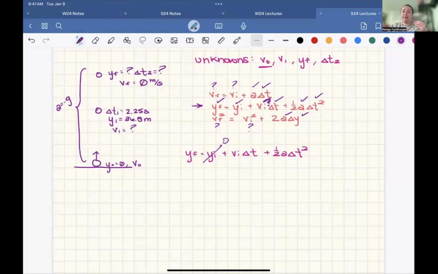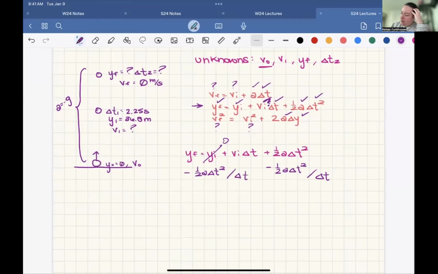It's a really hard habit to break. They are the same thing. So that is 0. Then, since we're solving for v initial, we're going to subtract 1/2 a delta t squared from both sides. And then we're also going to divide by delta t on both sides.